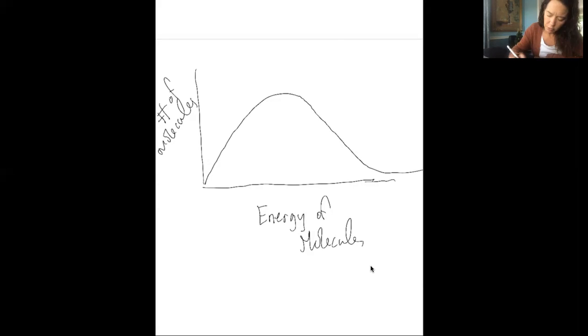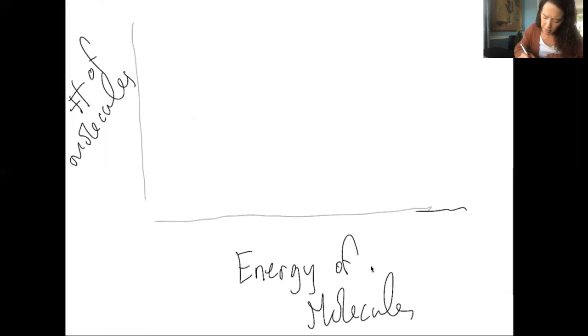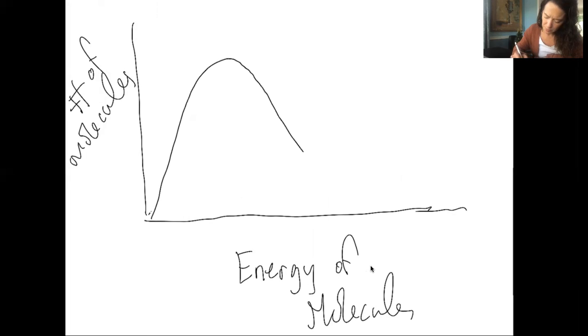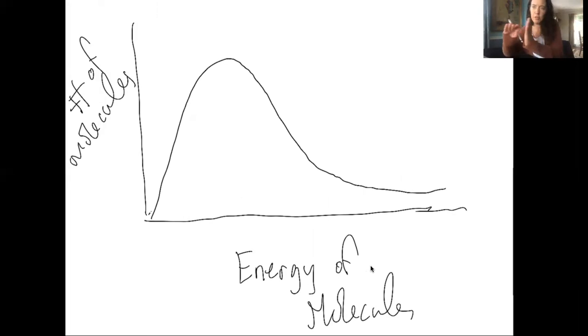Let me redraw that curve so I have more room. If we raise the temperature, right? Well, we're going to flatten the curve. Remember, we're going to push the hill over towards the right and we're going to flatten it. So let's get a higher temperature here.